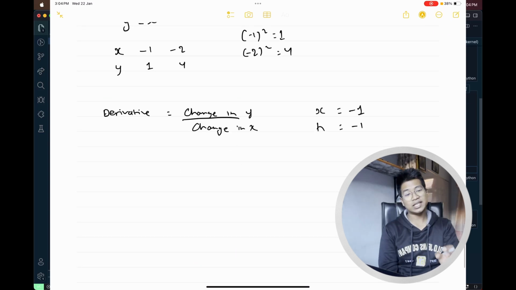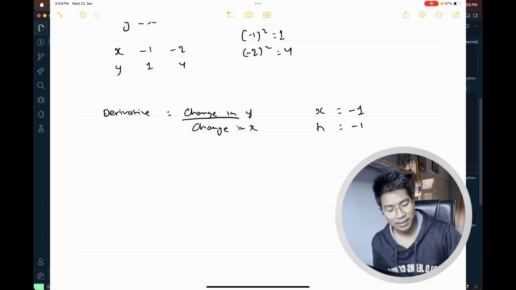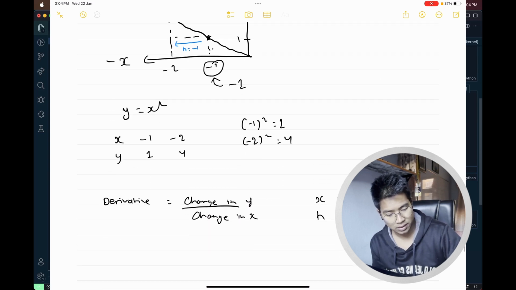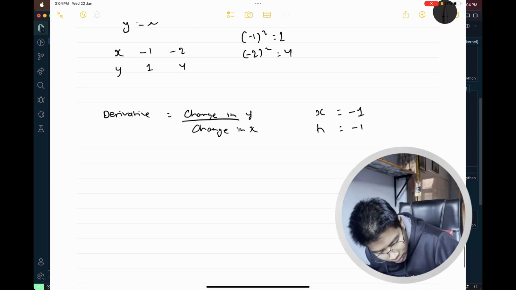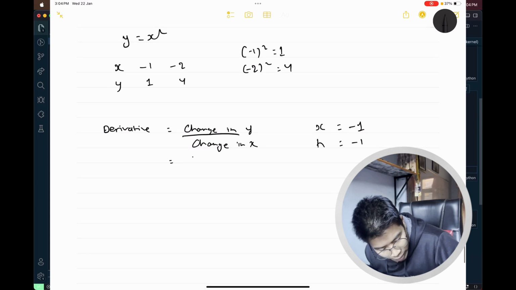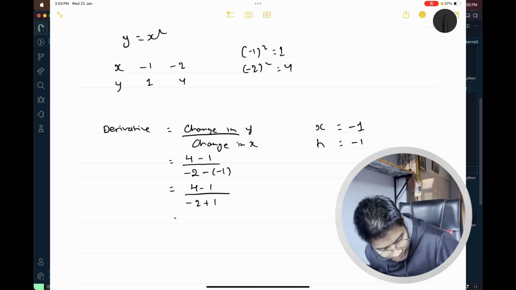So in this case, when my x is negative 1 and my h is negative 1, what is happening over here? What is my change in y? Change in y is basically 4 minus 1. What is my change in x? I go to -2 from -1. So that is 4 minus 1 over -2 plus 1. That is -1. So you get 3 over -1, so that is -3.